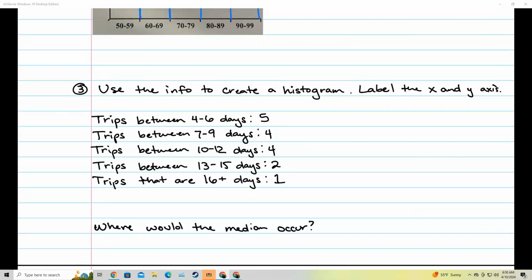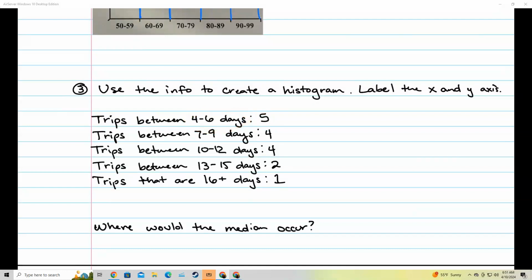So let's see. It says the number of trips between 4 to 6 days. There were 5 people who took trips between 4 to 6 days. So let's go ahead and start creating a histogram. I've got to change my settings back so I don't get that dash line. So what am I comparing? Well, on the bottom, it looks like I'm going to be comparing the number of days.